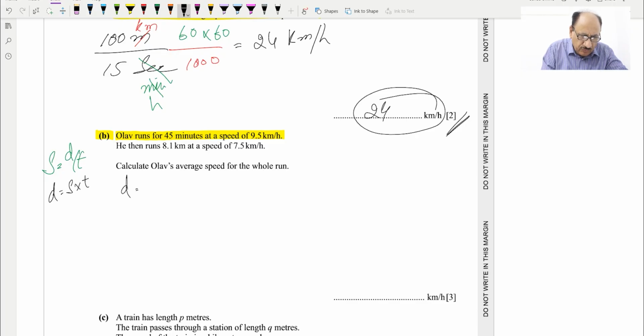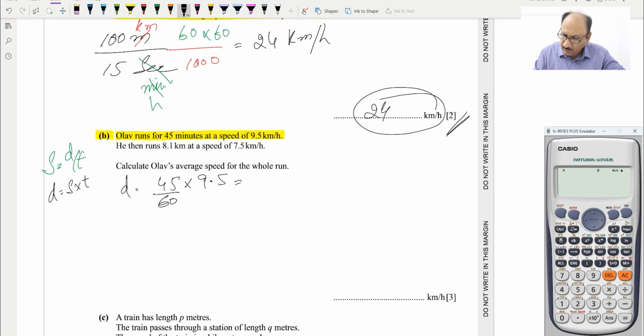Speed is 9.5, but speed is in kilometer per hour, and 45 minute we need to convert into hours. We will divide by 60, and this is the distance which we will get. 45 divided by 60 and multiply by 9.5, and this will give us answer as 7.125.